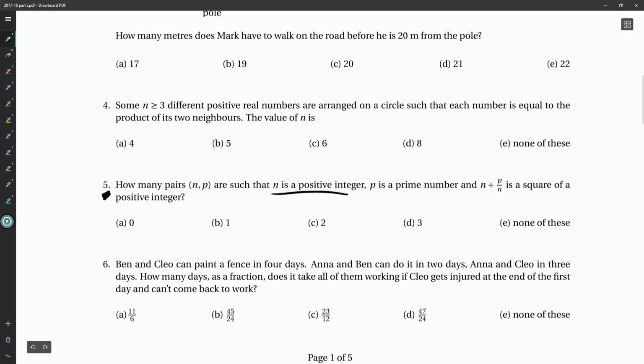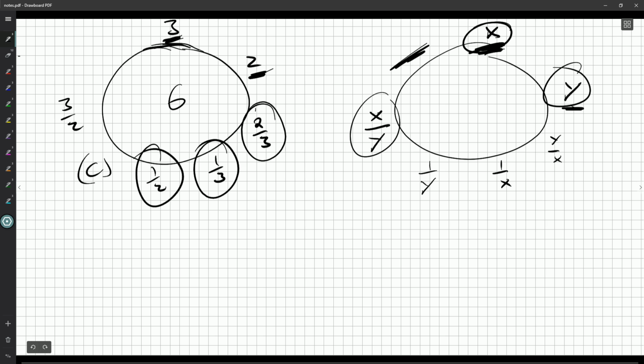How many pairs n, p are there? n is a positive integer, p is a prime number, and n plus p over n is the square of a positive integer. So this is suspicious.